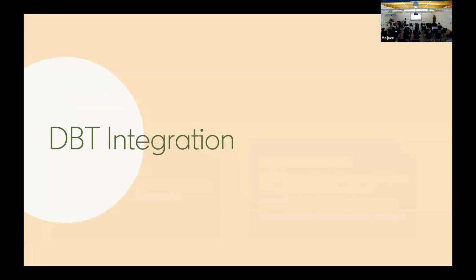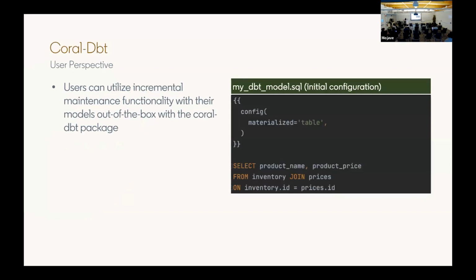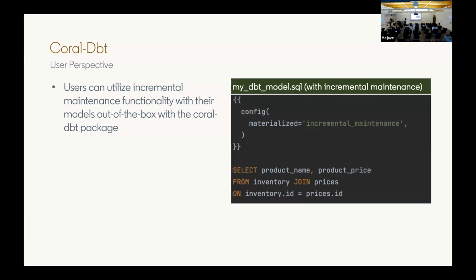So let's look at how all of this ties back with DBT. As Vala already mentioned, DBT is an existing framework where if you set it up in the table mode, every time you execute your DBT script, it will recompute the SQL from scratch, dropping the previous snapshot. And what we are looking to do is set up a different materialization mode, which would enable efficient updates.